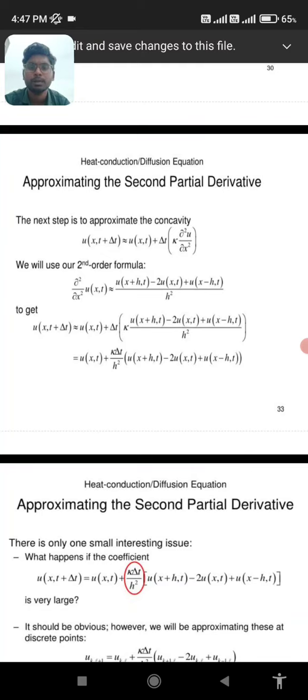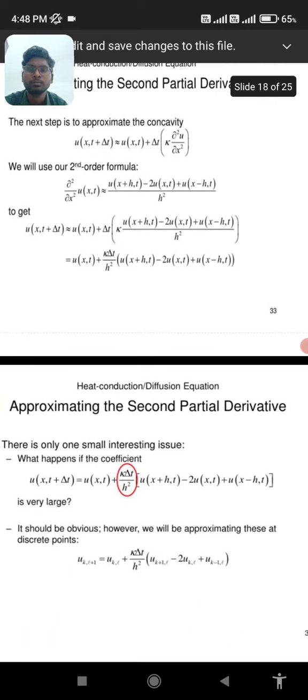To get u(x,t+Δt) = u(x,t) + Δt·k·[u(x+h,t) − 2u(x,t) + u(x−h,t)]/h², that is, u(x,t) + (kΔt/h²)[u(x+h,t) − 2u(x,t) + u(x−h,t)].